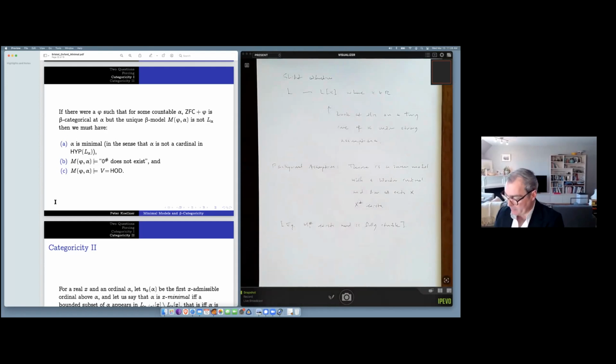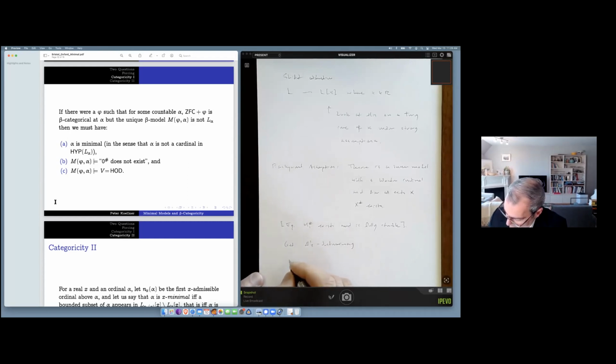So we get, by Martin and Steel, delta 1,2 determinacy. And this implies sigma 1,2 determinacy by a result of Martin.